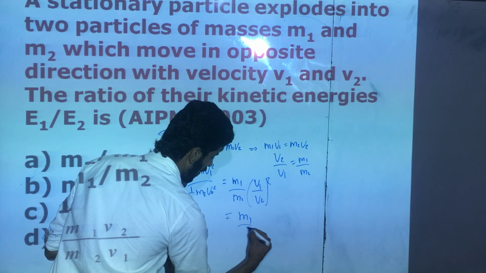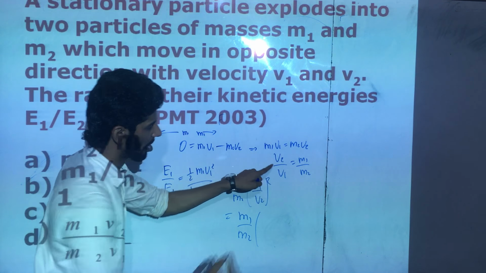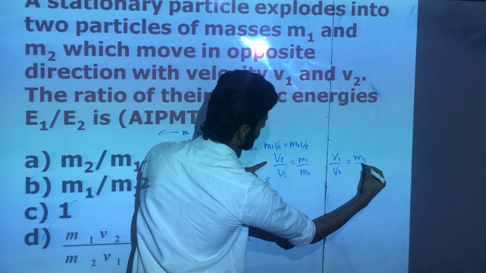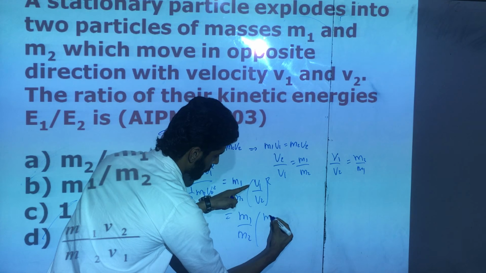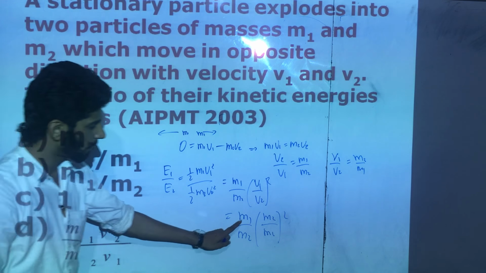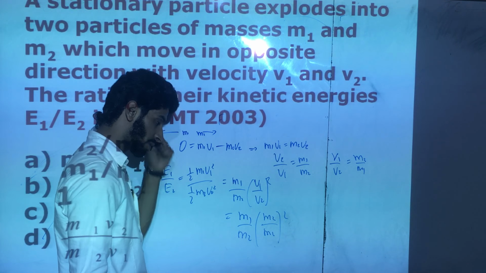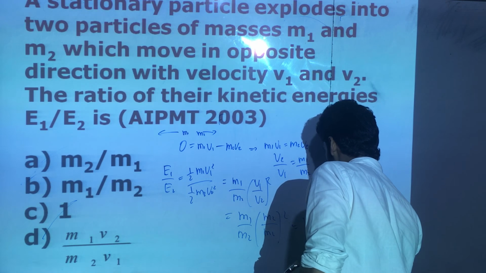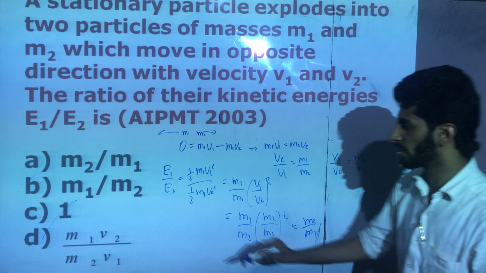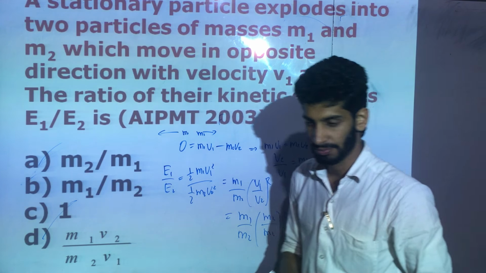Since v1 by v2 is m2 by m1, I'll substitute m2 by m1 whole square. So m1 square is left here, m2 square by m2 is just m2, so I'm left with m2 by m1. So option A is the ratio of the kinetic energy.